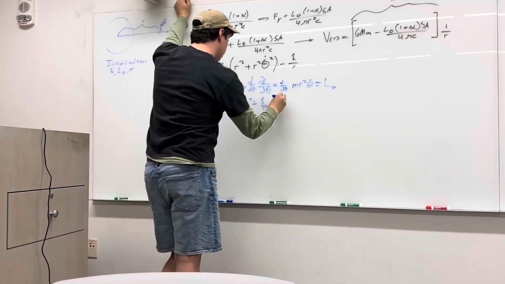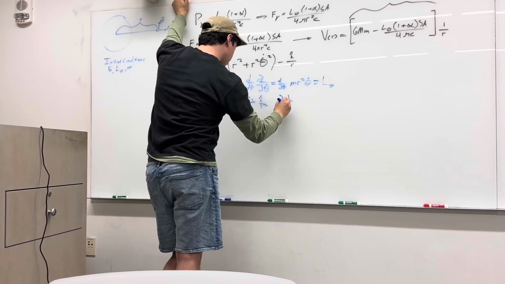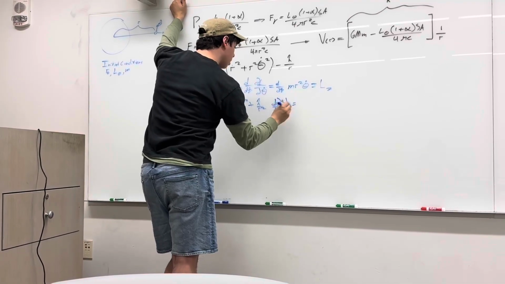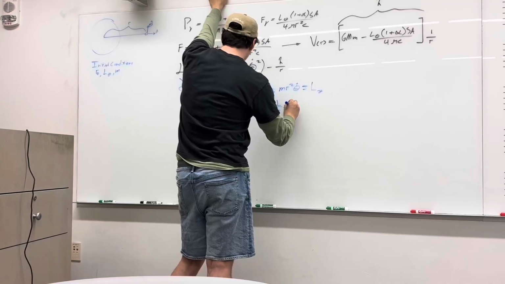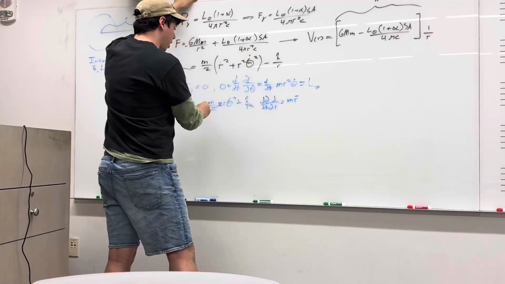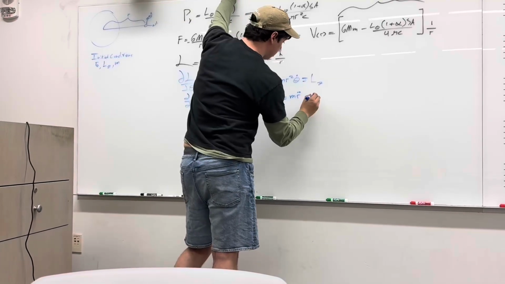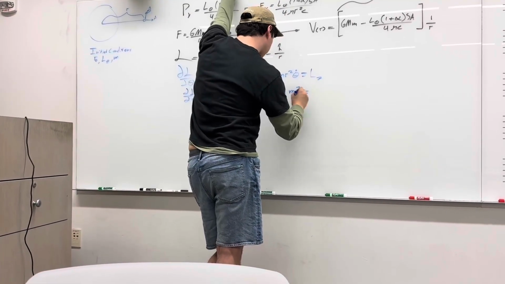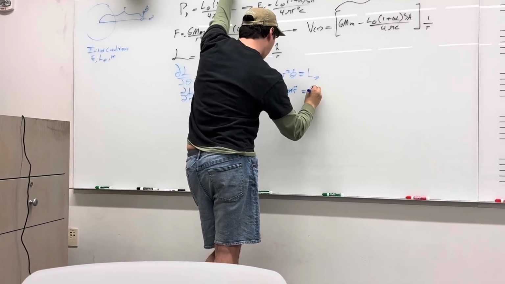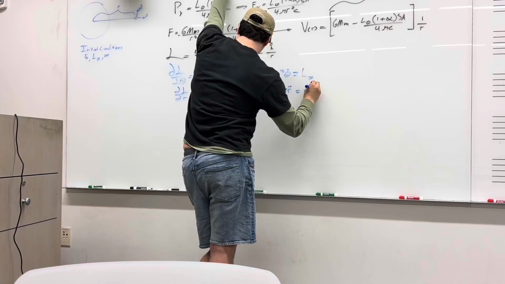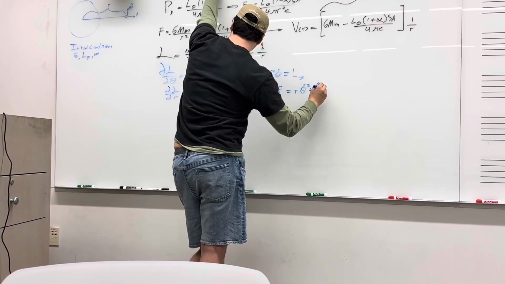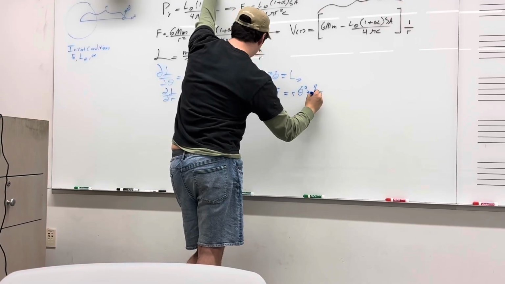And then for del L by del r dot, that's equal to m r dot. We can equate these two sides to get that this is equal to r theta dot squared plus lambda over m r squared.